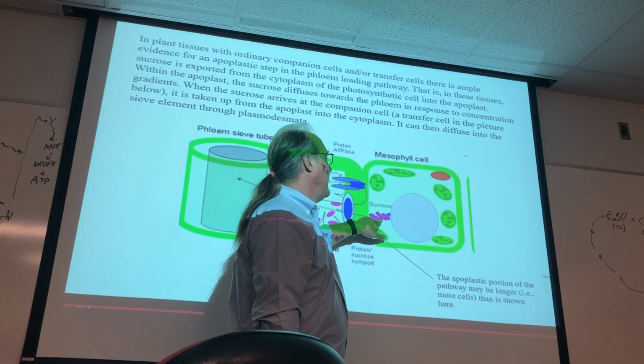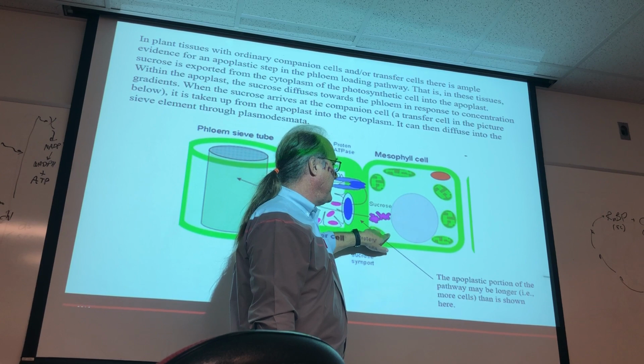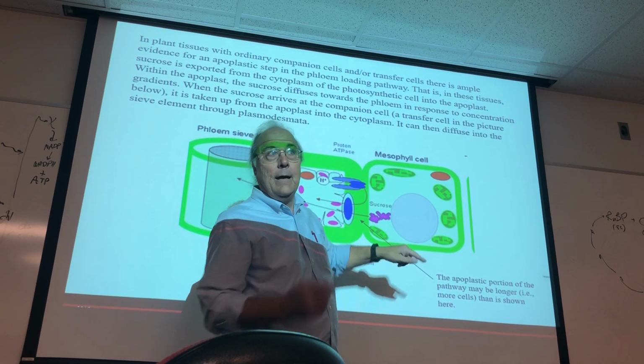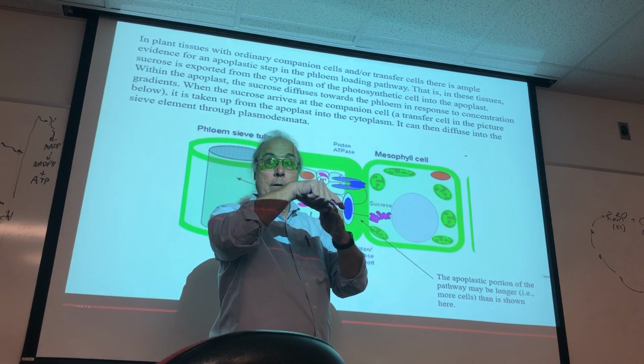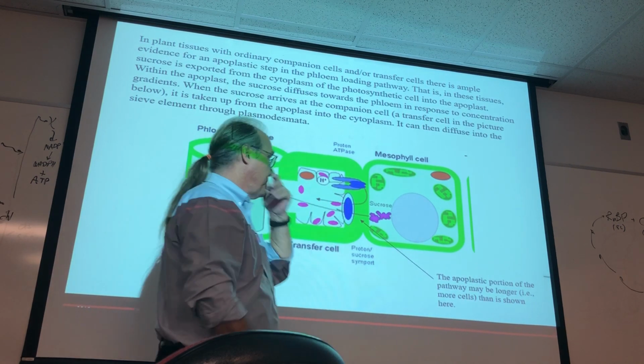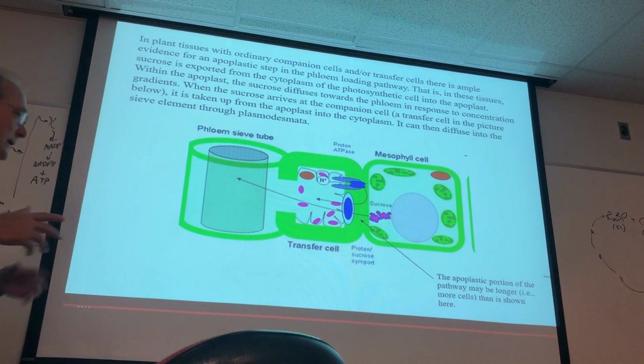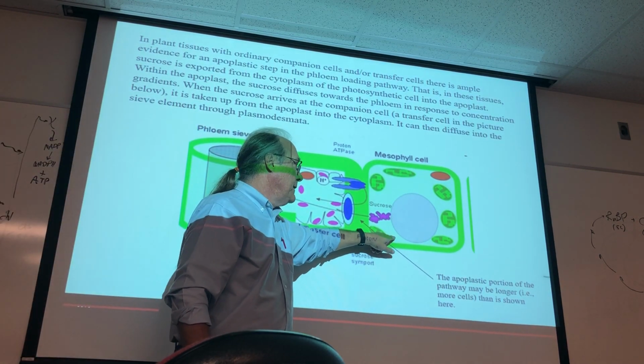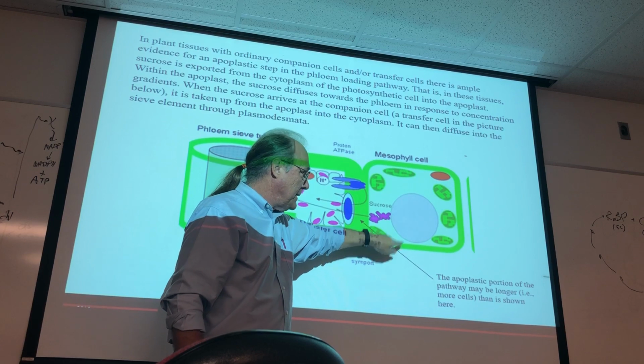It's transported from the cytoplasm into the apoplast of that cell, across the plasma membrane. Remember, for sucrose, the plasma membrane has a reflection coefficient close to 1. It's not going to move there passively. That's an active process. It takes energy for this cell to move that sucrose from inside to outside.